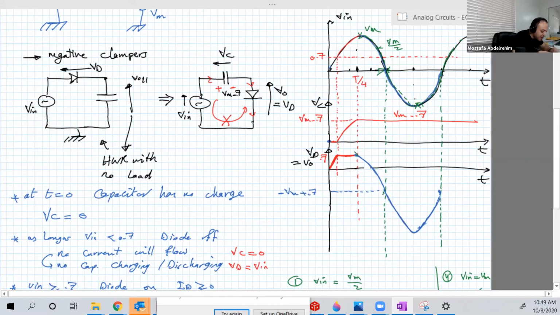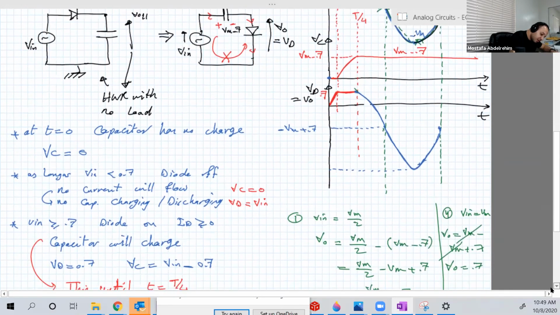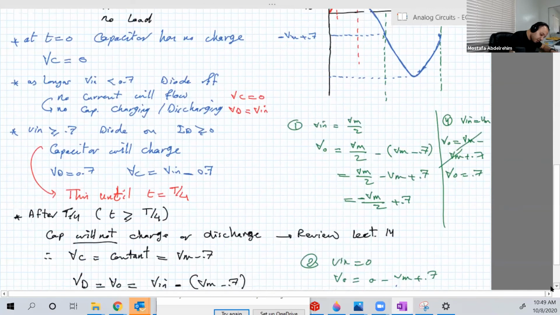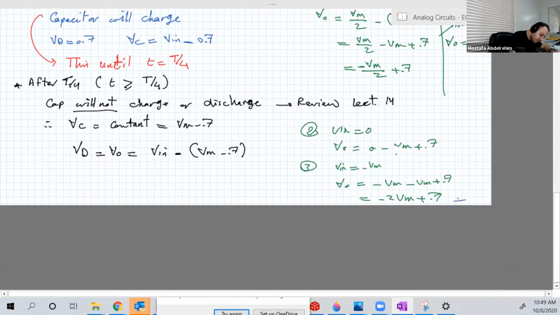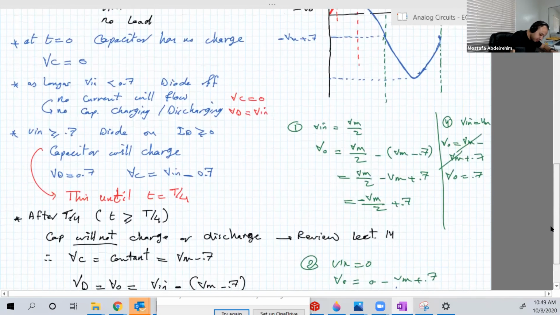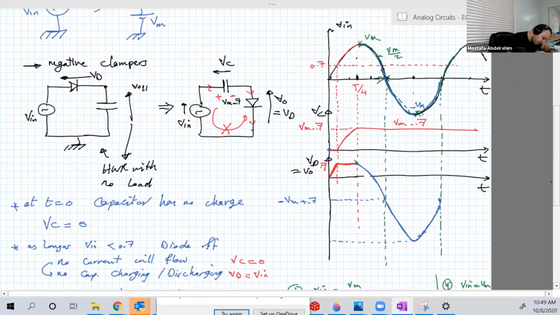I know the sketch is bad, but they should be exactly the same, okay? And this point here is when V input is equal to minus Vmax. We know that it will be minus 2 Vmax plus 0.7. So this point is minus 2 Vmax plus 0.7. And this is again minus Vmax plus 0.7.